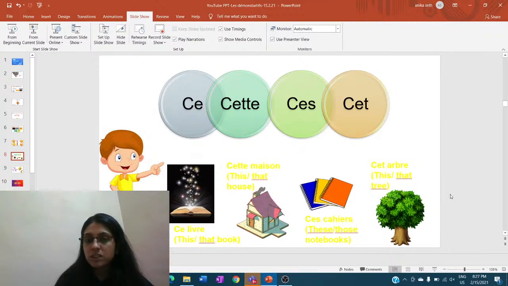So we will use CET. If this had been in the plural form, we would have used CES. So cet arbre, CET, is used with masculine singular nouns starting with a vowel. Right?